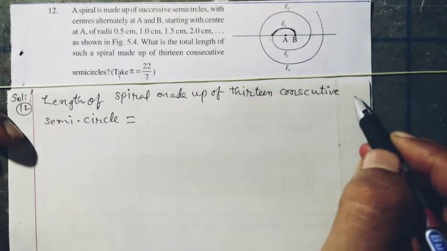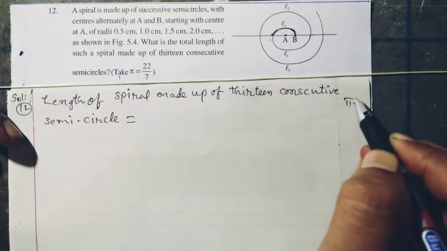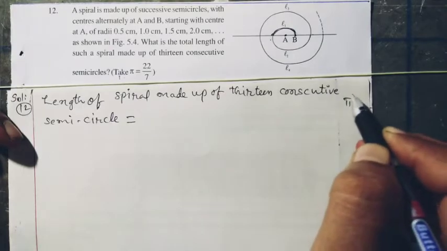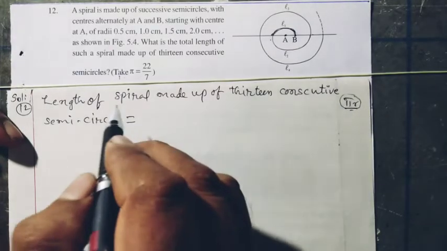That's why we have to calculate pi r only, the length of the arc.